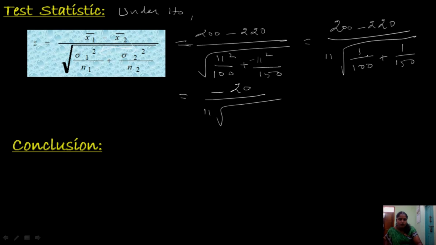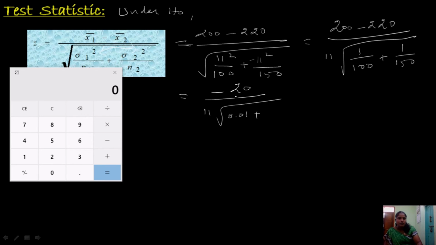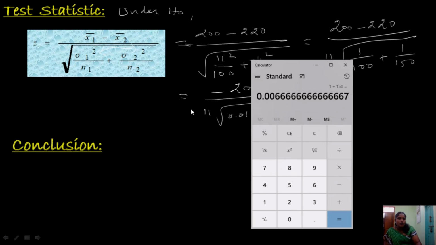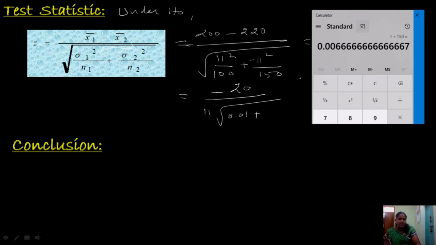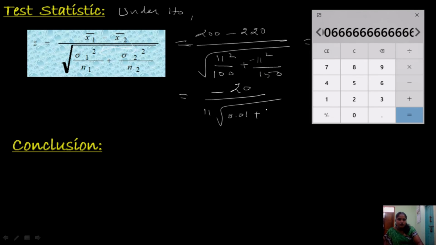Square root of 1 over 100 is nothing but 0.01, isn't it? Plus 1 divided by 150, we get 0.0066, etc. Here I have to take up to 3 decimal places, so 0.007.